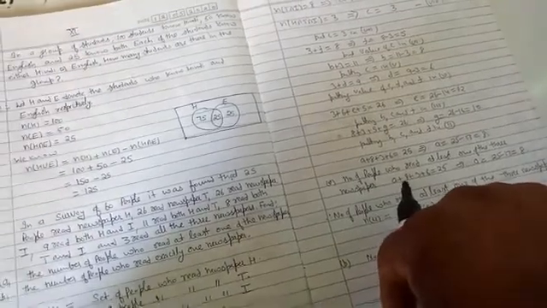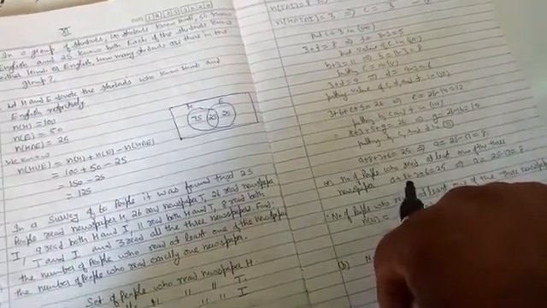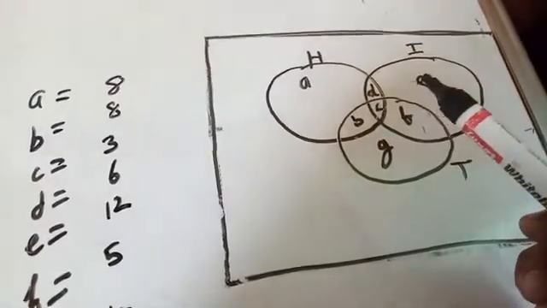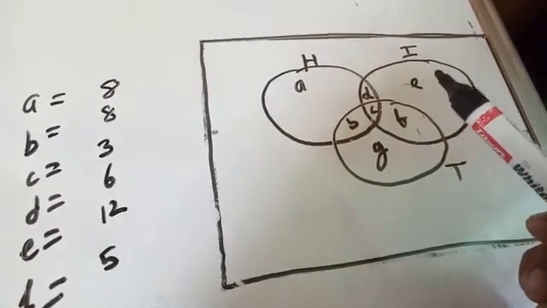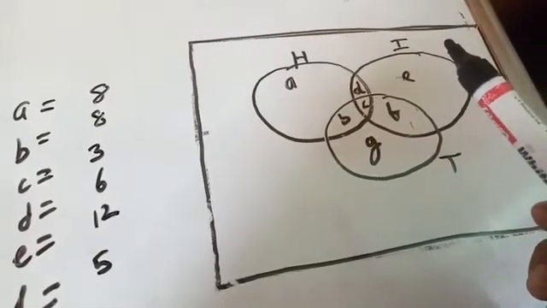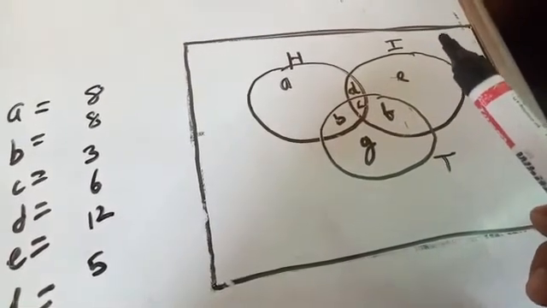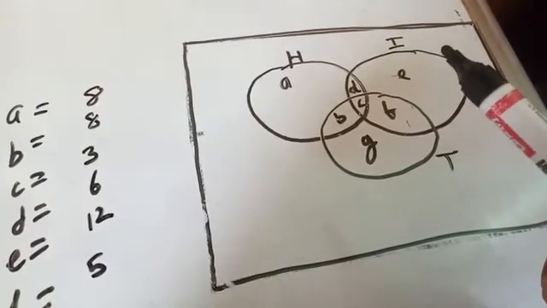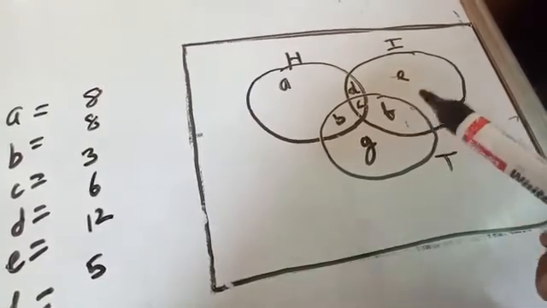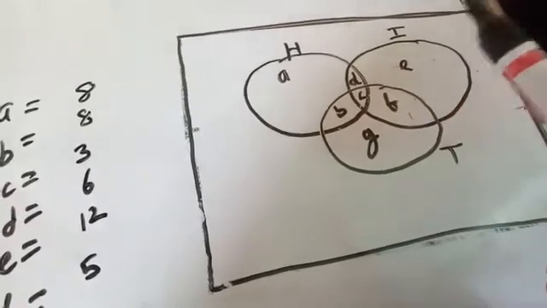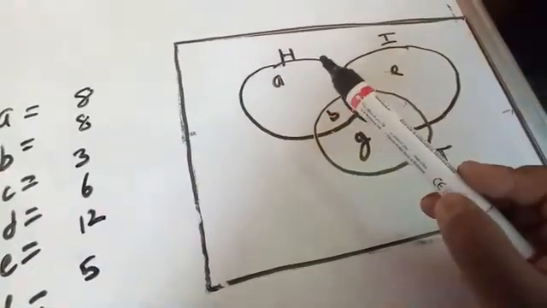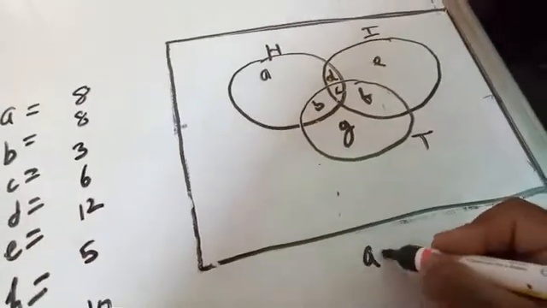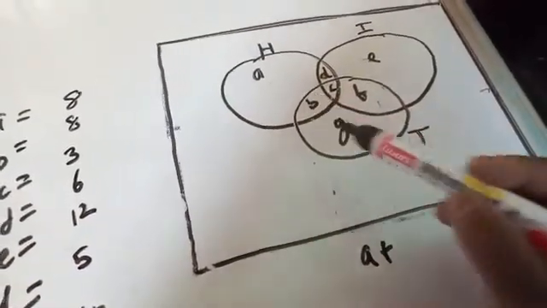The question is the number of people who read at least one newspaper. At least means minimum one. They may read one newspaper, two newspapers, or all three. So at least means minimum one.